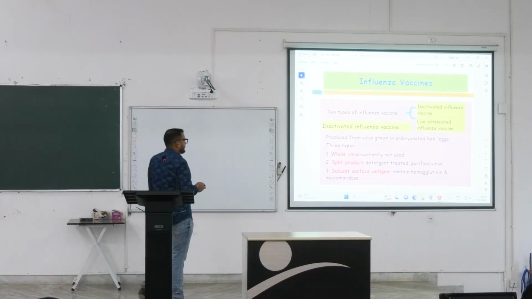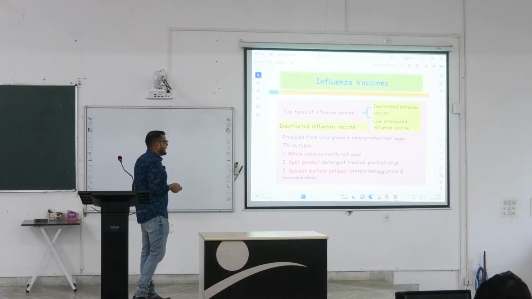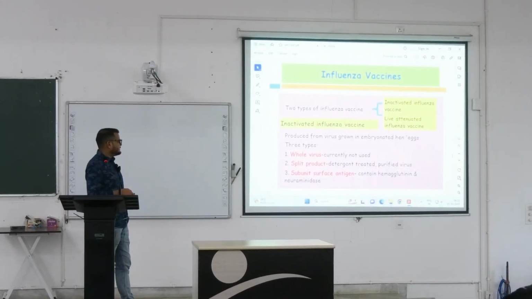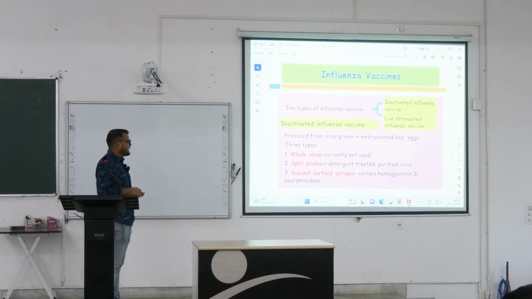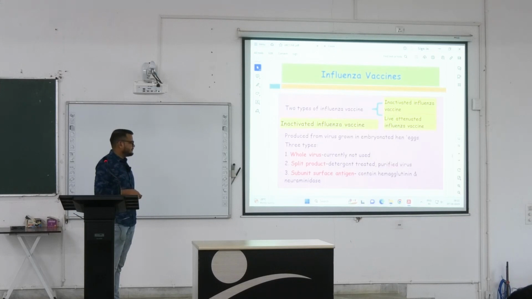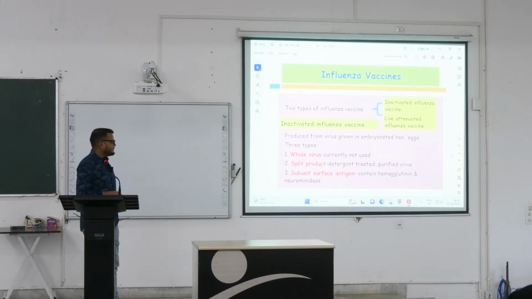Two types of influenza vaccine: inactivated and live attenuated. Inactivated influenza vaccine is produced from virus grown in embryonated hen eggs. Three types: whole virus, currently not used; split product, that is detergent treated purified virus; and subunit surface antigen, which is currently used.